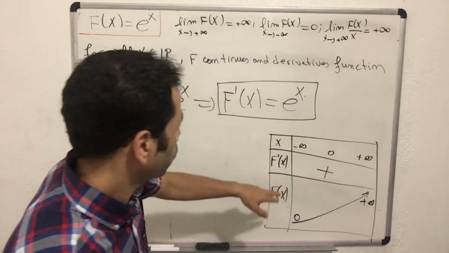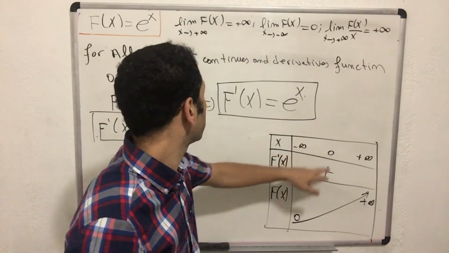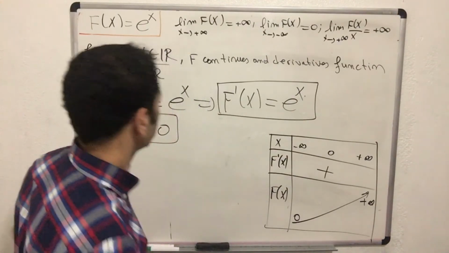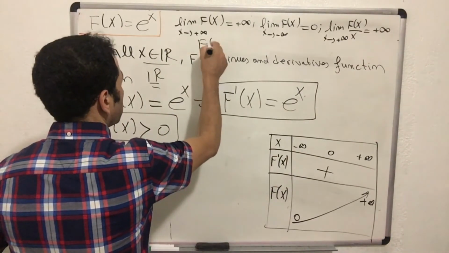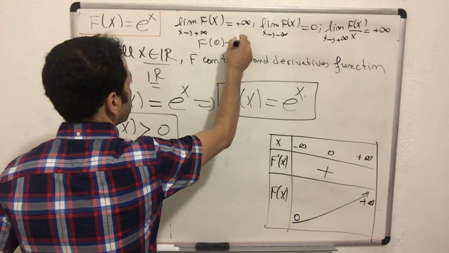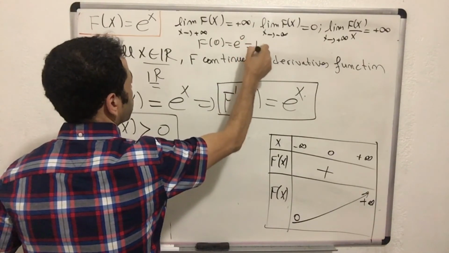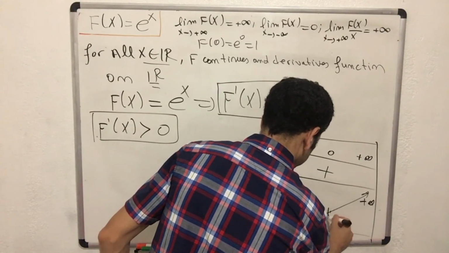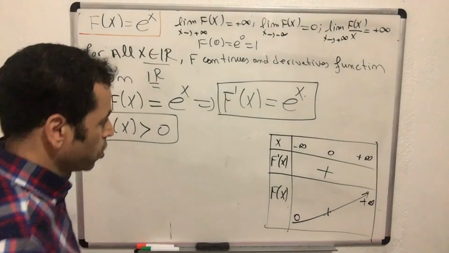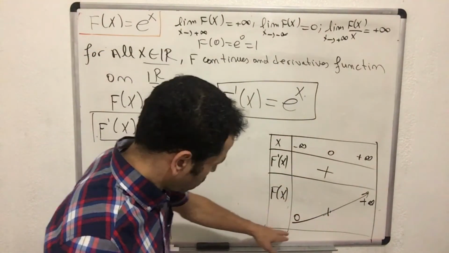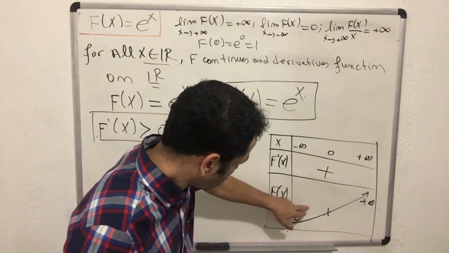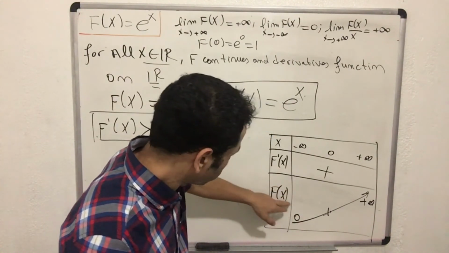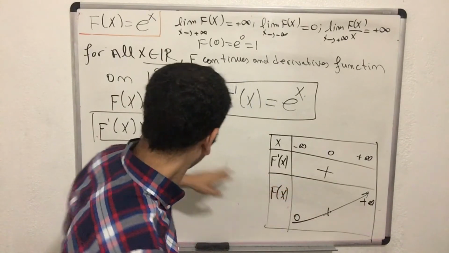I can calculate the output point at 0, which is 1, right? f of 0 is exponential of 0, which is 1. So the point is 1 here. As you see here, this information is telling us this function is positive for all x.